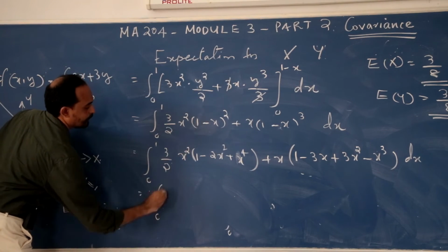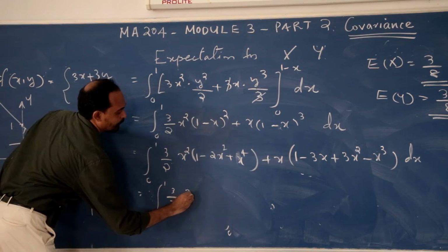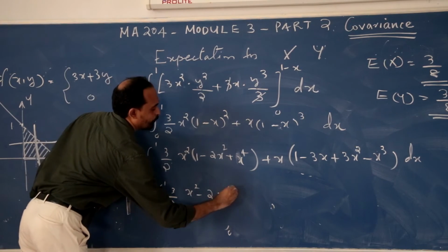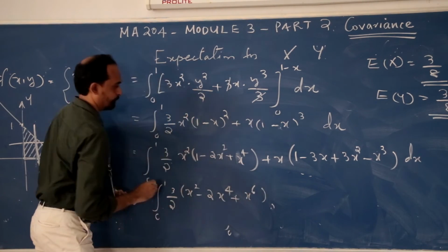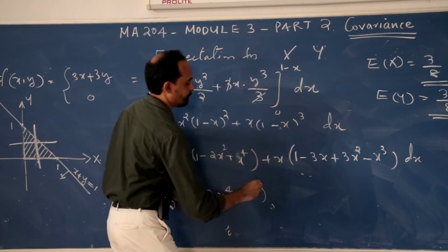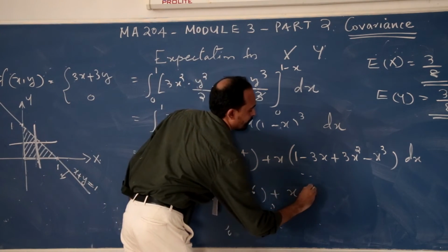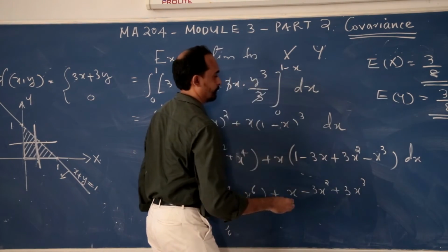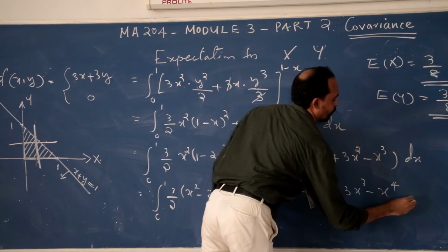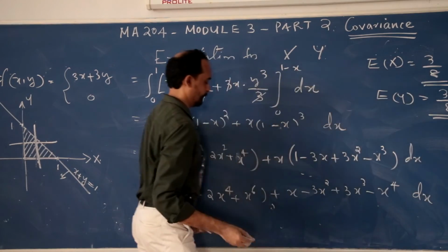That is equal to integral 0 to 1, 3 by 2 into (x square minus 2x cube plus x raised to 4) plus (x minus 3x square plus 3x cube minus x raised to 4) dx.